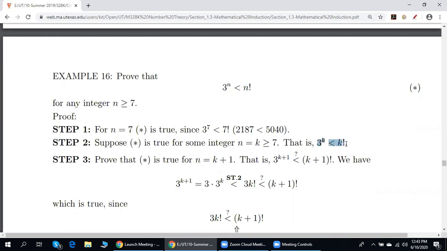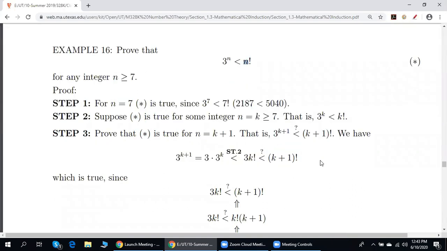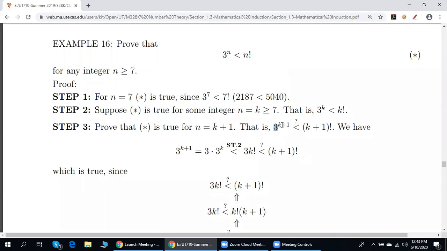Suppose this, or we want to prove this. We just replace n by k plus 1. And as before, we start from the left-hand side, done. 3 to the k plus 1 is 3 times 3 to the k's power.